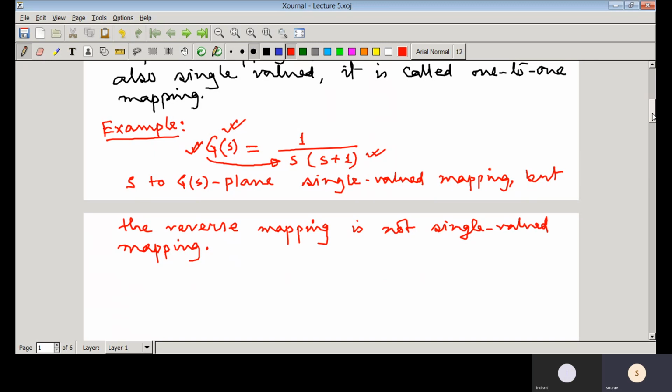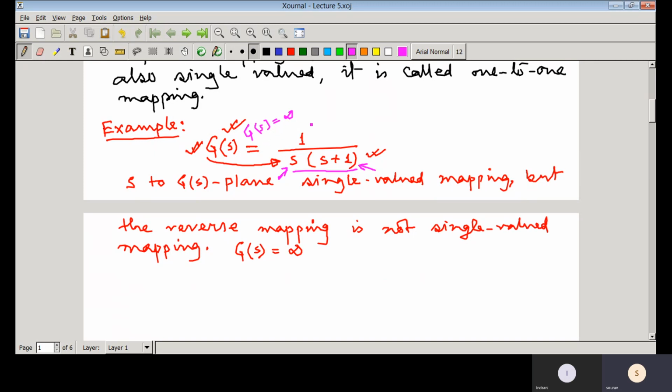Then you can see that whenever G(s) equals infinity, we can have two values of s. One is if you put s equal to 0, then you will get infinity, and if you put s equal to -1, you will also get G(s) equal to infinity.